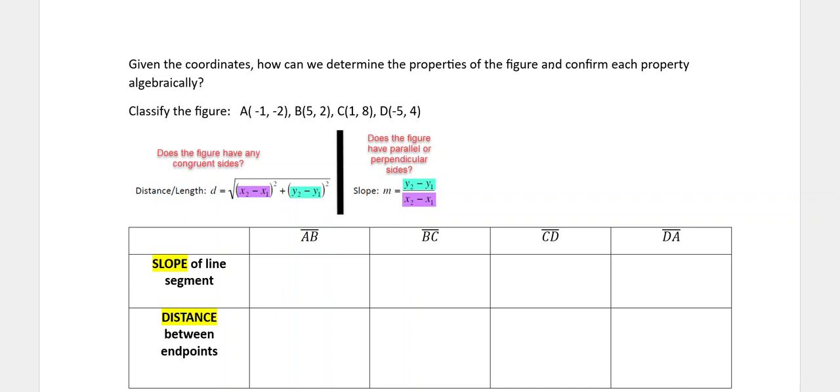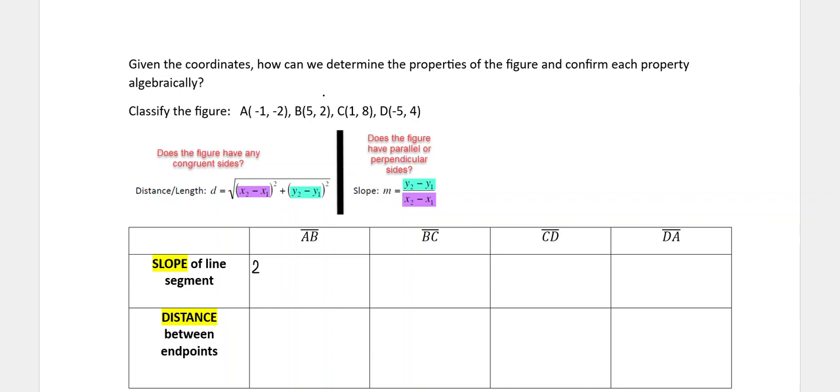Look at what they have in common. They're both using change in y and change in x, just in a slightly different way, to determine the slope and the distance between those endpoints. So if we take two coordinates like segment AB and apply the slope formula, we're doing y sub 2 minus y sub 1.